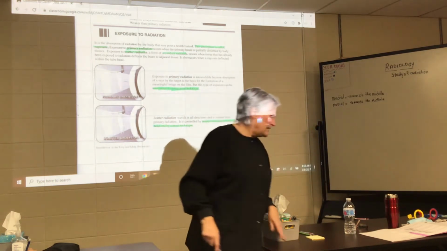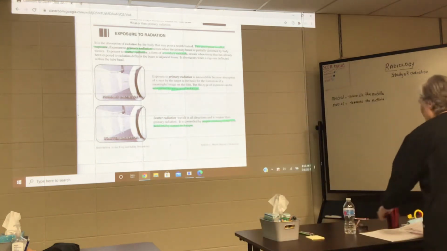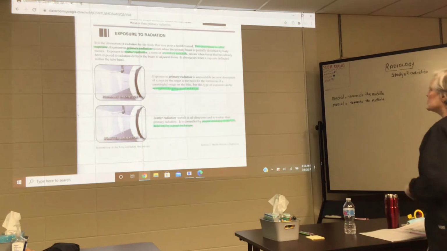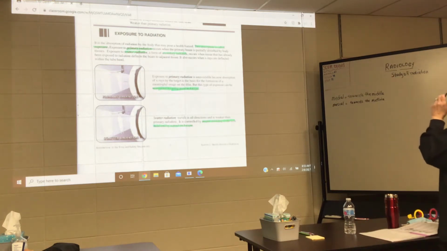By achieving good technique, okay? Scatter radiation travels in all directions and is weaker than the primary radiation. It's controlled by proper shielding in the tube head, collimation, and by correct technique, okay?